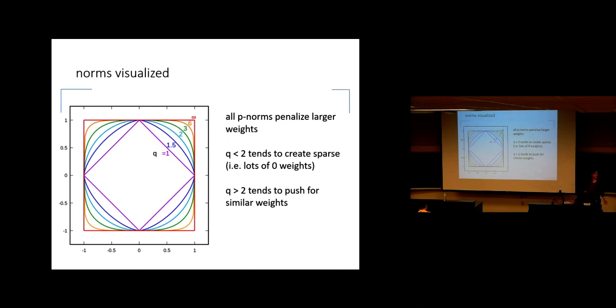So which of these Q is the best one? Let me repeat the question. Sometimes I might forget to repeat a student question, so please remind me, because this is one of the really great suggestions from the students, which I really like. The question is, when you have so many Q, which one do you pick? Honestly, people mostly just use 1 and 2. The reason is that it's extremely difficult to calculate the gradient for other Qs.